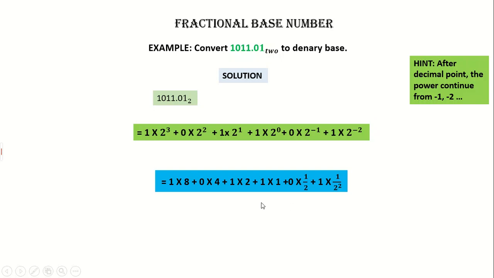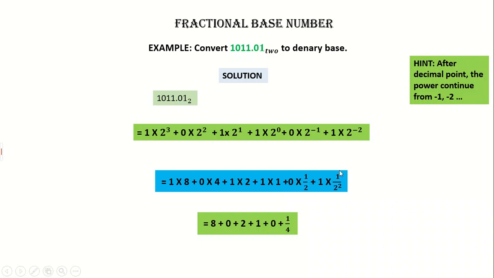Now when you simplify this properly, you end up discovering that 1 times 8 will give you 8, 0 times 4 is going to give you 0, 1 times 2 is going to give you 2, 1 times 1 is going to give you 1, 0 times half is going to give you 0.